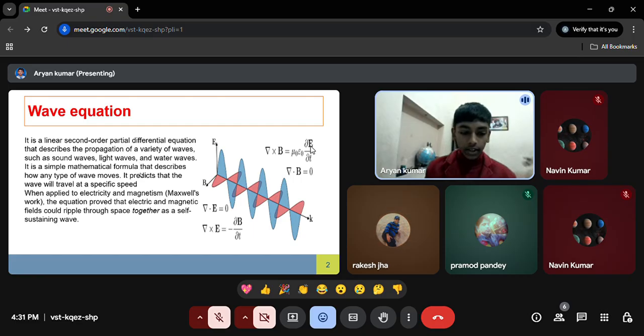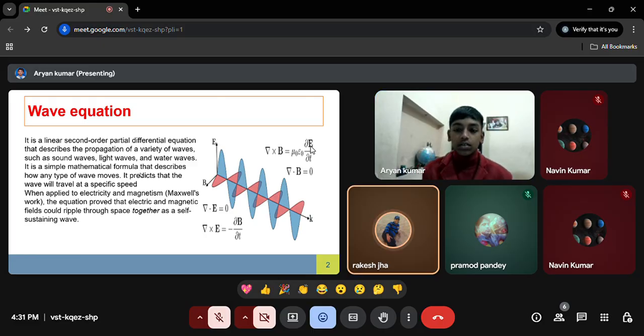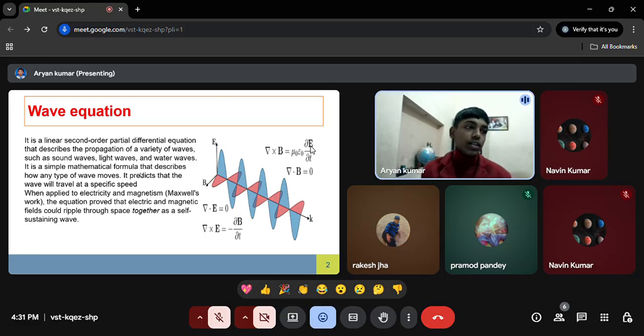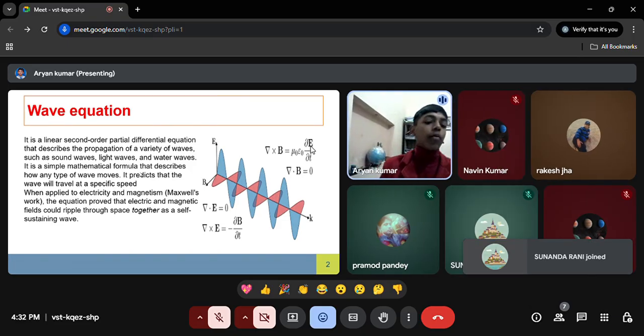Okay, so can you give an example? Okay, Aryan, for this we can imagine a box, and there are two types of holes in it. There is an in one and an out one. In the in one it enters and it's positive, and in the out one it's negative.